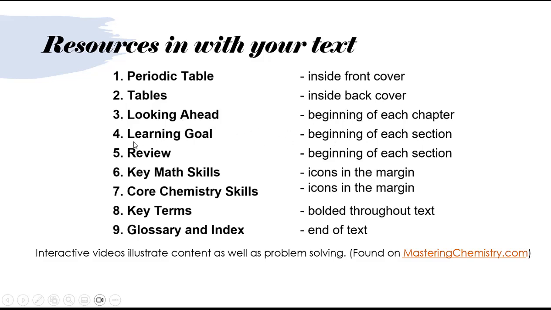The learning goals are also at the beginning of each chapter, as well as my lecture slides. There's always a review section at the beginning of each section that asks, was there important information you should already know before you tackle this new stuff? That's all right there. Key math skills are typically in the margins along the chapters, as well as core chemistry skills.